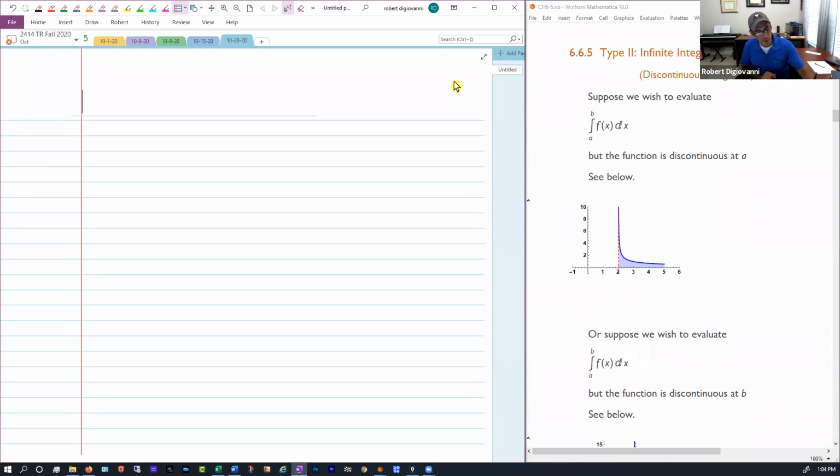So for example, let's say we want to go from -1 to 1 of 1 over x dx. Actually, let's make it go from 0 to 1. We notice that the function itself, f of x, is 1 over x. Well, f of 0 is undefined.